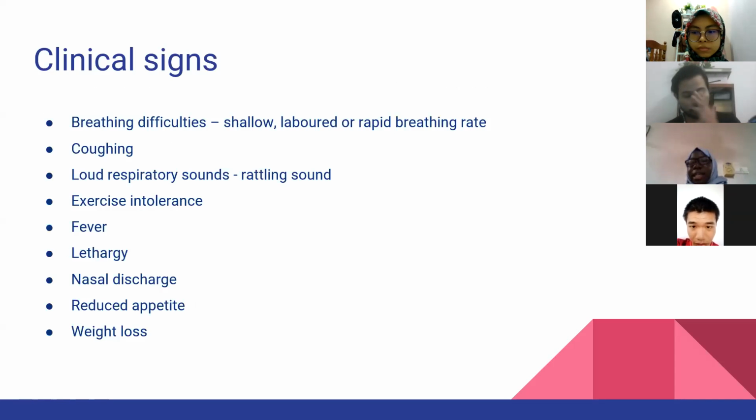Next is clinical signs. Can somebody give us some information about clinical signs in pneumonia? Yes, for the clinical signs, we managed to see from these cats breathing difficulties, which are shallow, labored, or rapid breathing rate, and also coughing and loud respiratory sounds, which are rattling sounds.